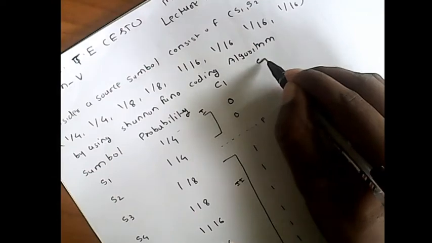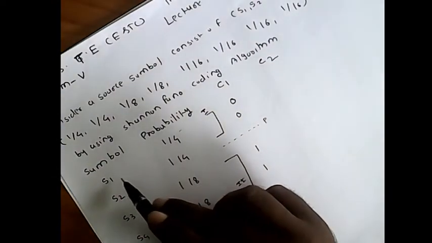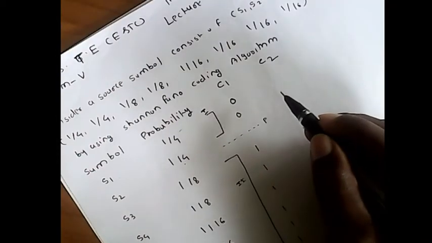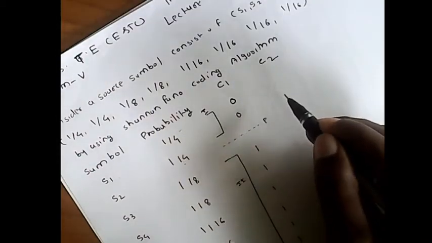Again, if we observe column 2, S1 and S2 are equally probable, so we can again divide them into two sets.